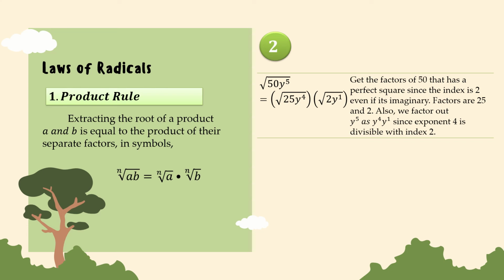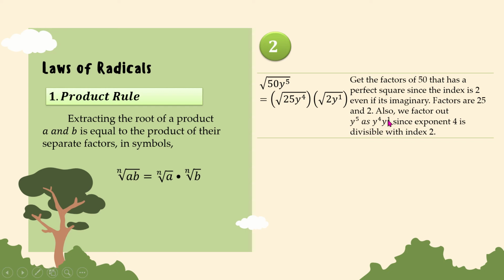Also, we factor out y exponent 5, since our index is 2 and the exponent of y is 5, so there is an excess. So what number is divisible by 2? That is exactly 4. So one is left over, 4 plus 1. So we need to factor out y exponent 5 as y exponent 4 times y exponent 1.